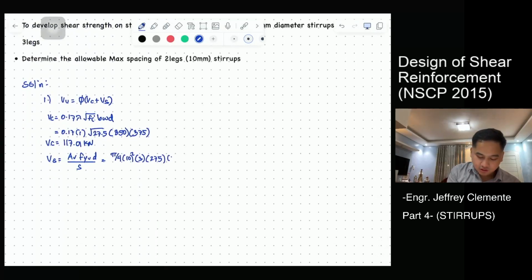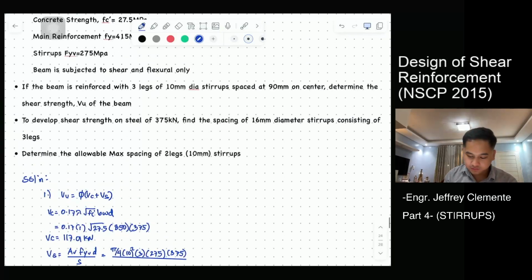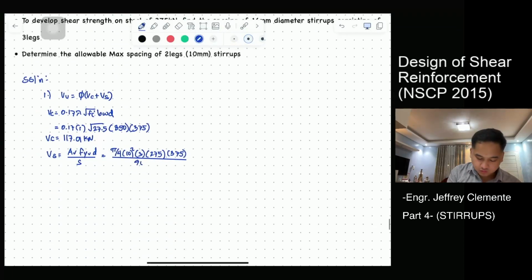Times d, 375, all over s. Ano ba sabi yung spacing? 90 on center, di ba? 90 ang spacing. So, masasolve natin yung Vs. What is Vs? Then solve it. Assume that you solve it now, or you pause it if you think this is fast. Vs is 269.98 kilonewton.